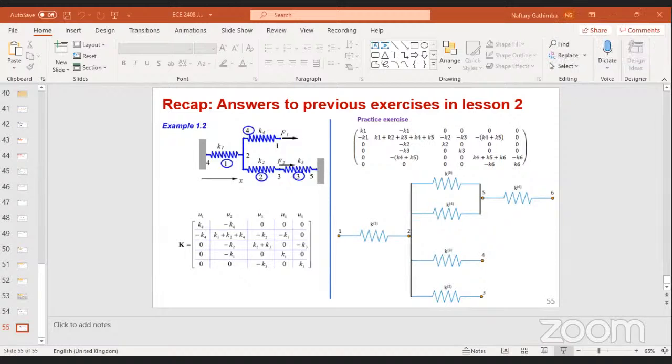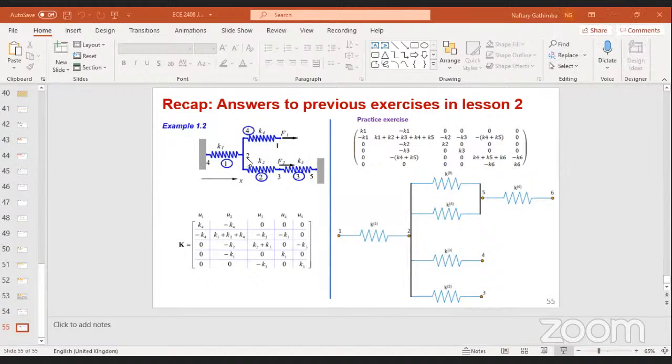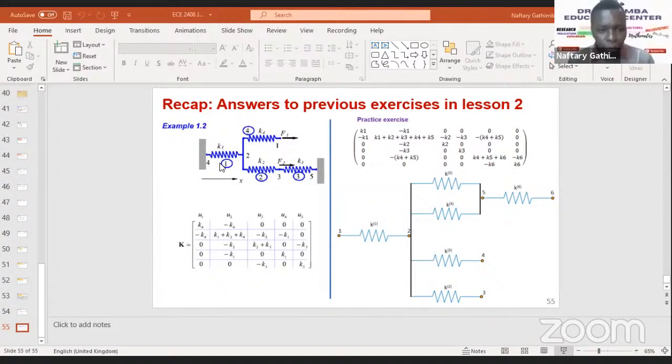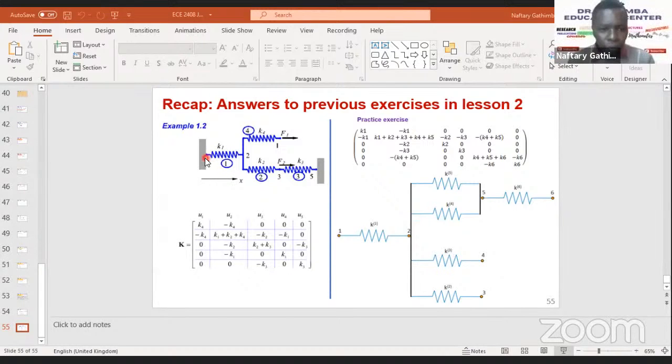Is this correct? Yes, that's right, because if you have this one, this is nodal. Let's say, for example, I want to annotate: you have this as node 1, 2. No, okay, let's say this is node 2, 3.